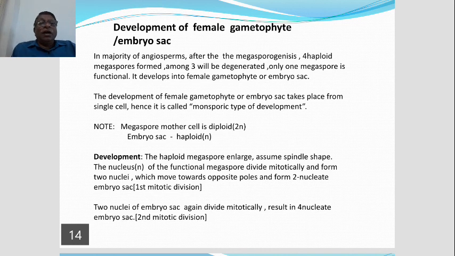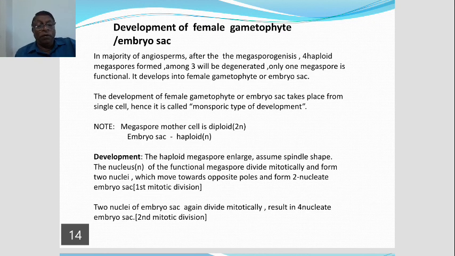Next, the development of embryo sac takes place from single cell. Hence it is called monosporic type of embryo sac development. A good question for 1 mark. What is monosporic type of embryo sac development? It is common in Polygonum plant.